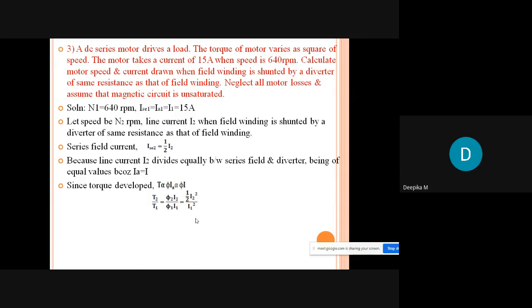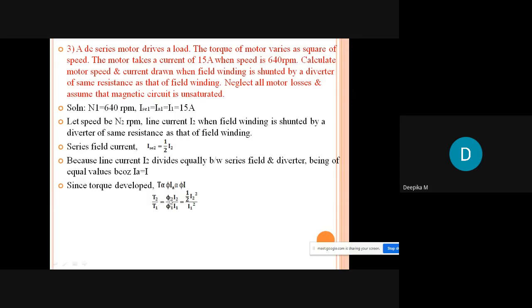And also we know that flux is directly proportional to the current. Hence, in place of flux also, we can write the current value. Remember why we have written here that torque is proportional to phi into Ia, and instead of Ia, I can write I only.